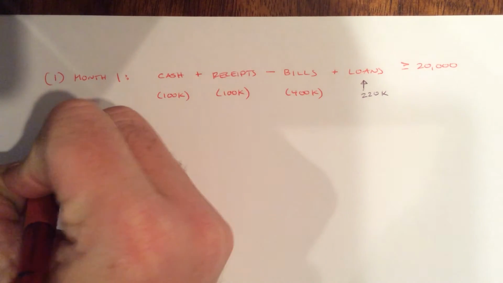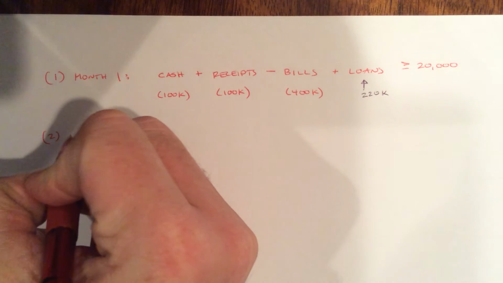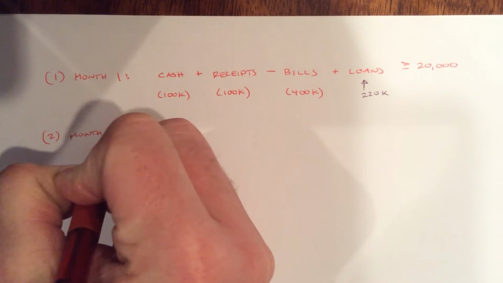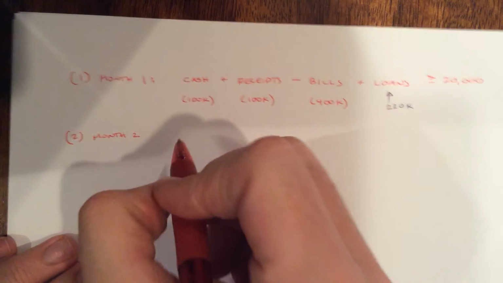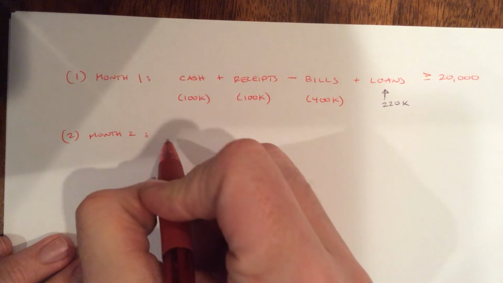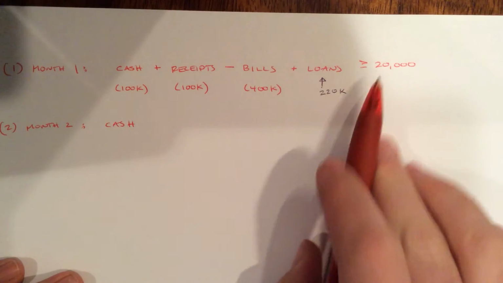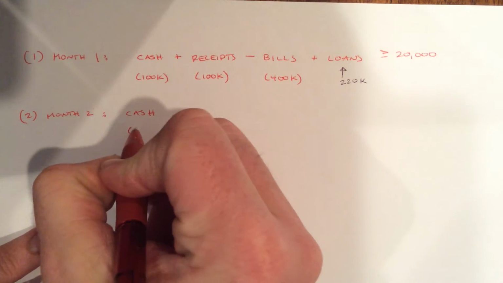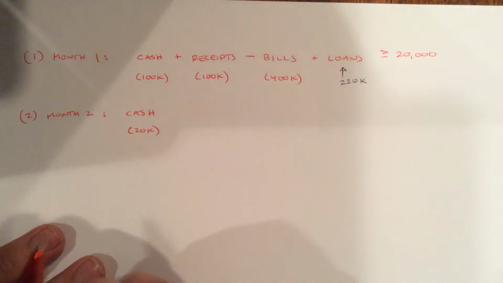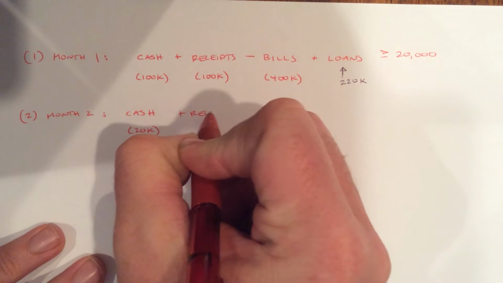All right, now let's think about month 2. Well, in month 2, how much cash do we have on hand? Well, it's the $20,000 we held on to from month 1. So we have 20K cash on hand plus our receipts.